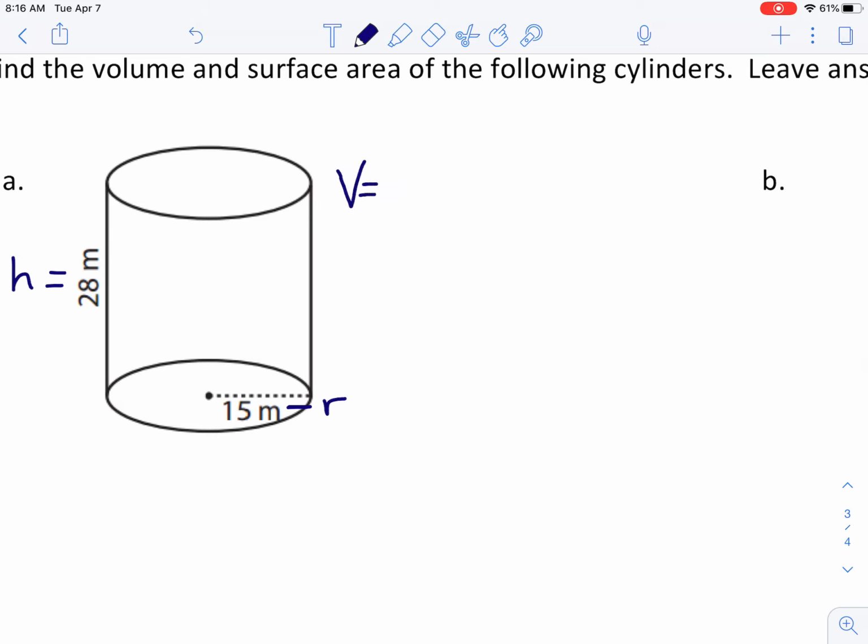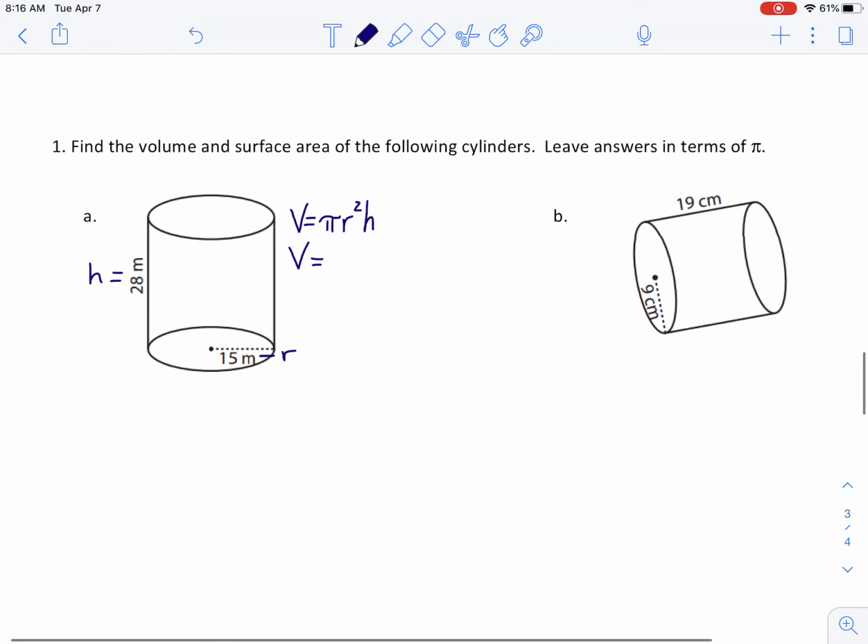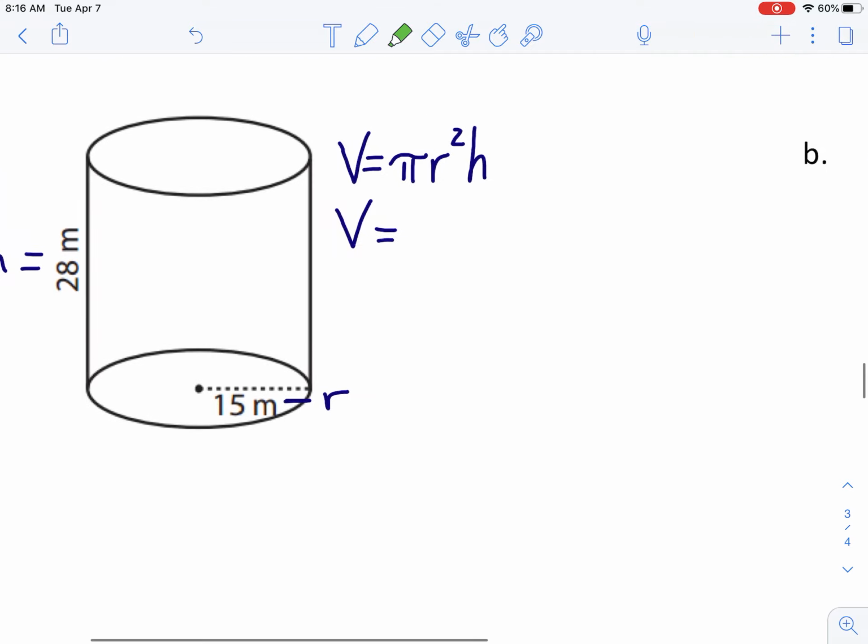So if I want the volume, it's pi r squared times h. And it says to leave your answers in terms of pi, which means your answer should have a pi in it. So I leave the pi. Don't put pi in your calculator as like 3.1. Just leave it.